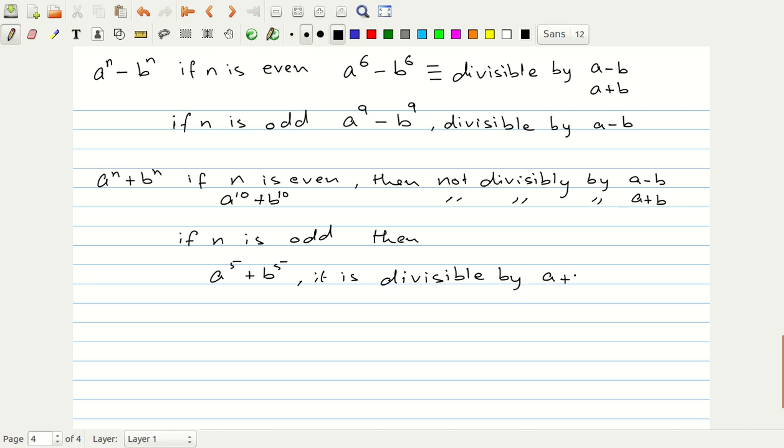And all of this can be proven using the remainder factor theorem, but because we have not done the remainder factor theorem yet, I would simply want you to remember this, right? This one case is completely unimportant for us, so we'll ignore this, right?